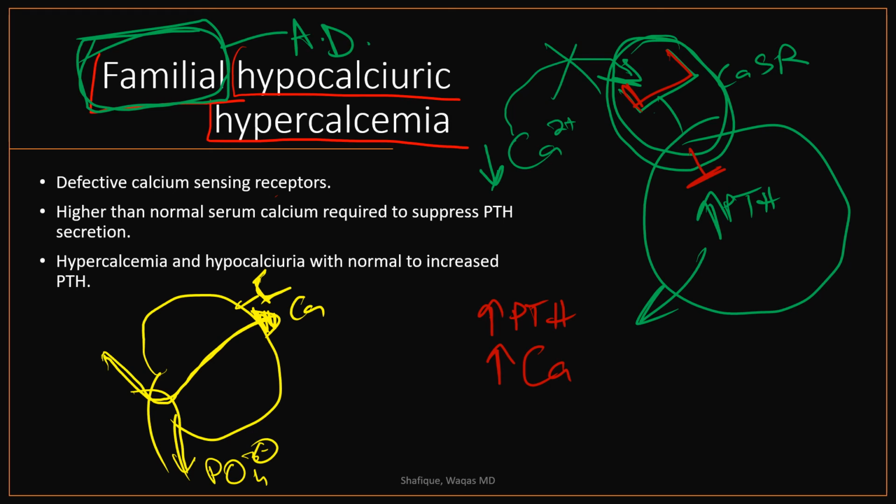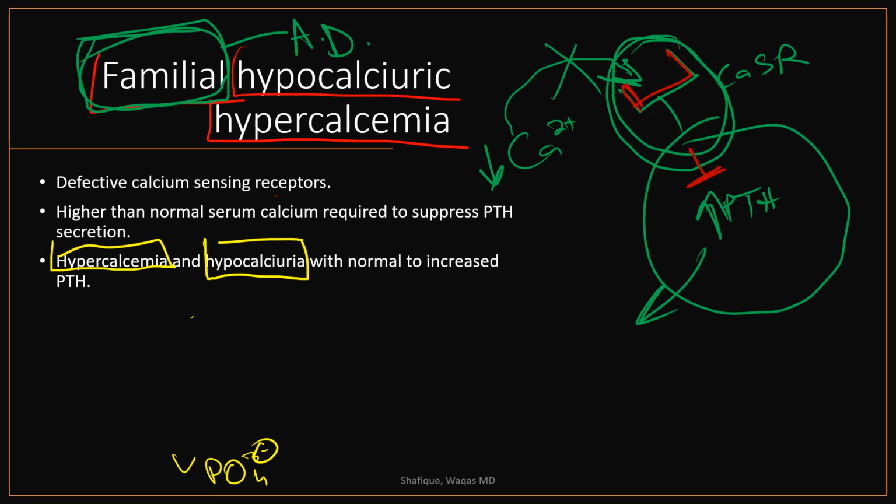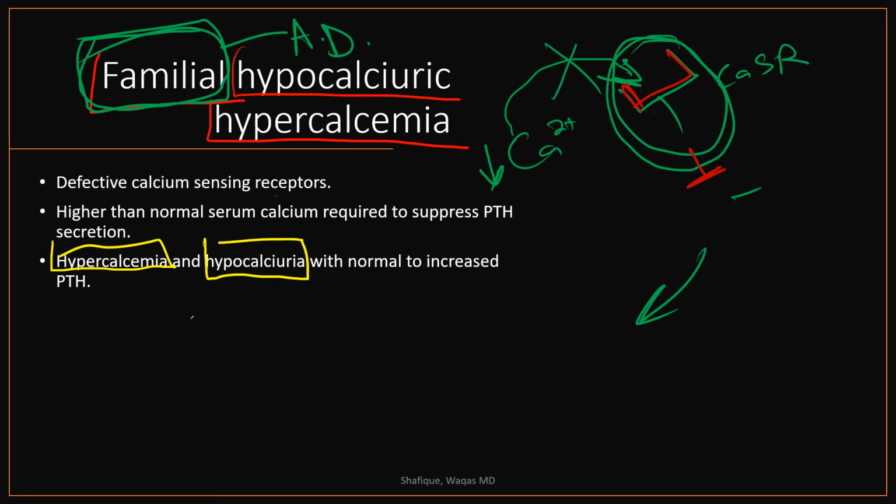So you end up with decreased amounts of calcium in your urine, right? So that will result in hypocalciuria and hypercalcemia.